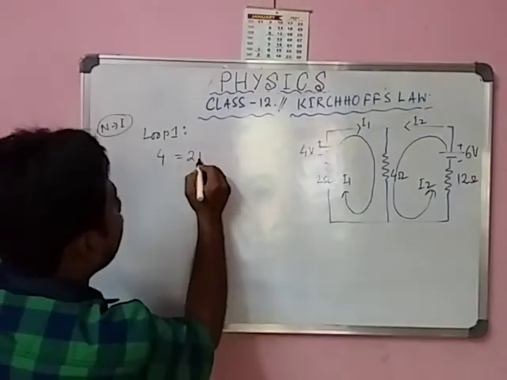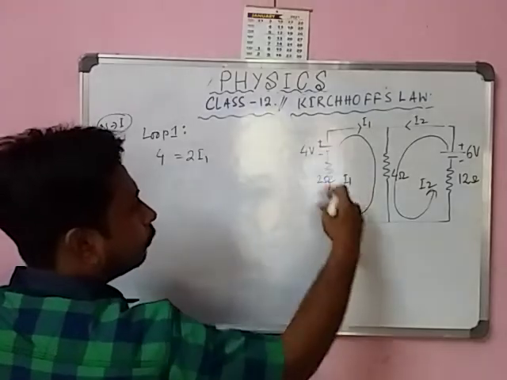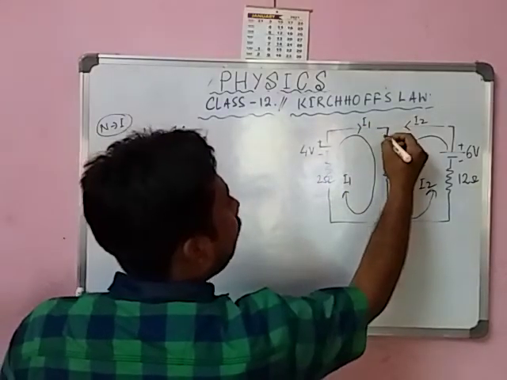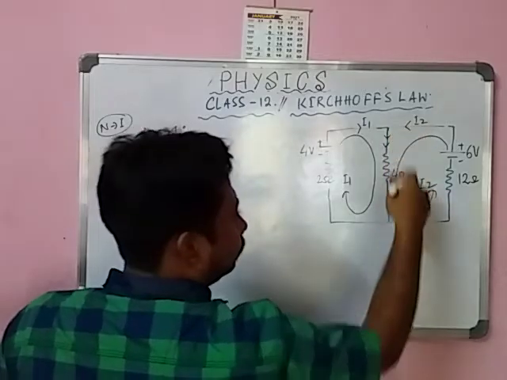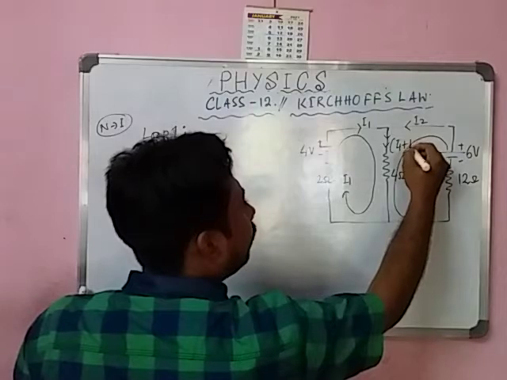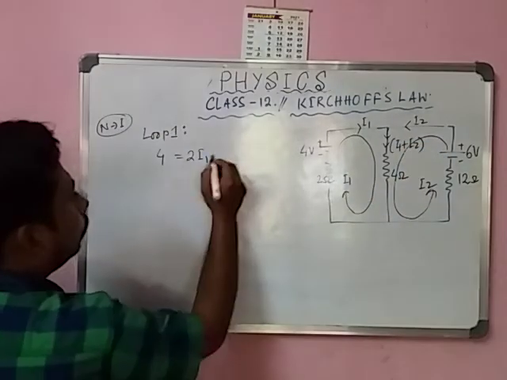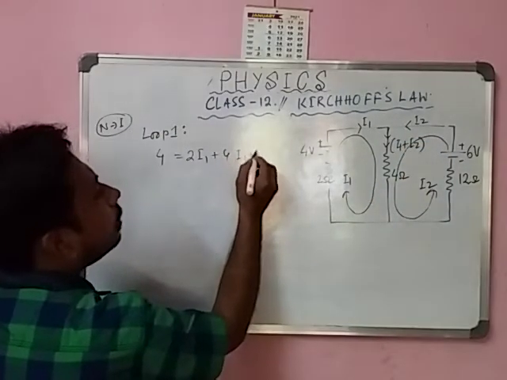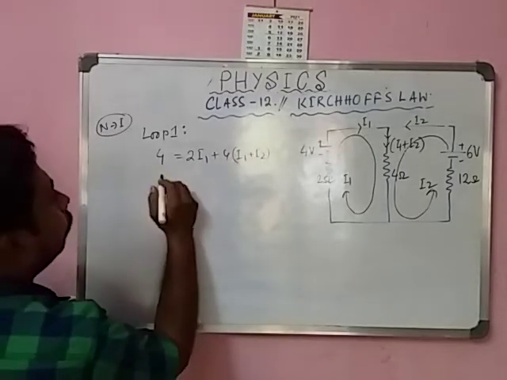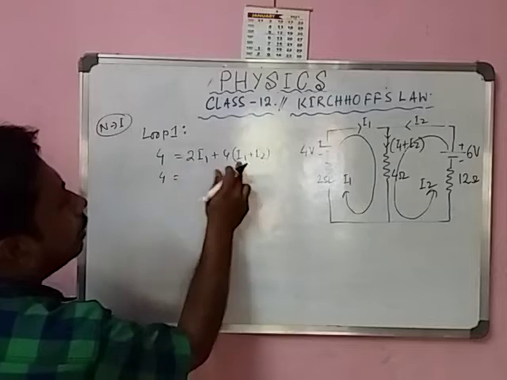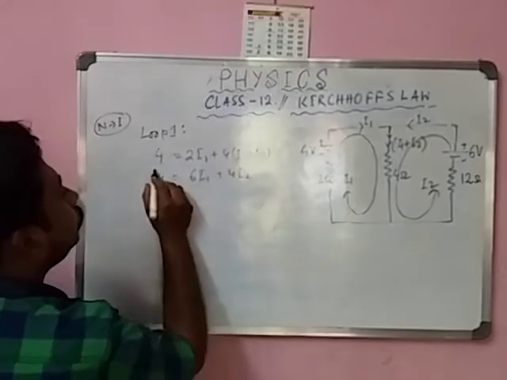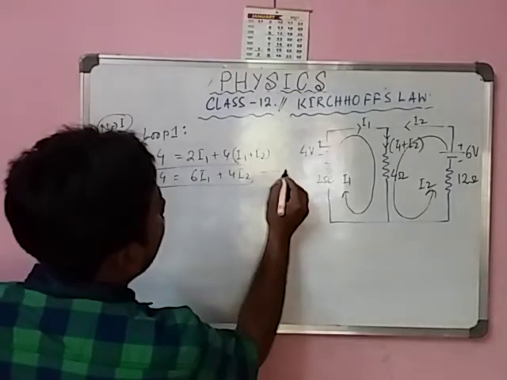So you can write 2 into I1, and through the 4 ohm resistor both I1 and I2 pass, so 4 into I1 plus I2. Simplify: 4 equals 2I1 plus 4I1 plus 4I2, so 4 equals 6I1 plus 4I2. This is equation number 1.